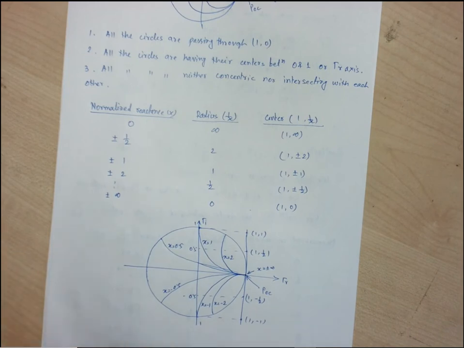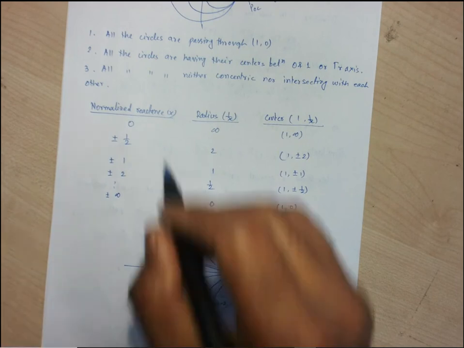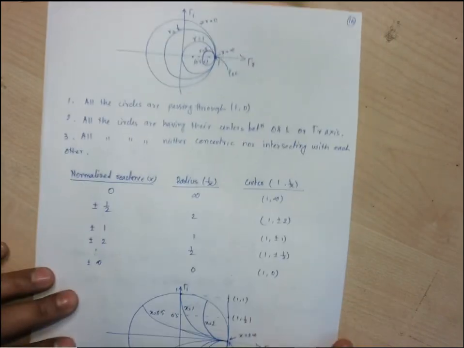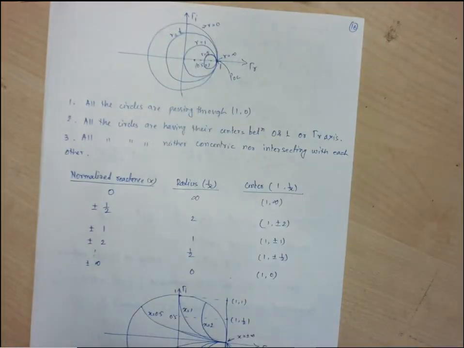So this is the circle with respect to our reactance. Now the practical Smith chart is the combination of these two circles. It is the combination of this circle, this circle. Which one? Which circle for which reactance?